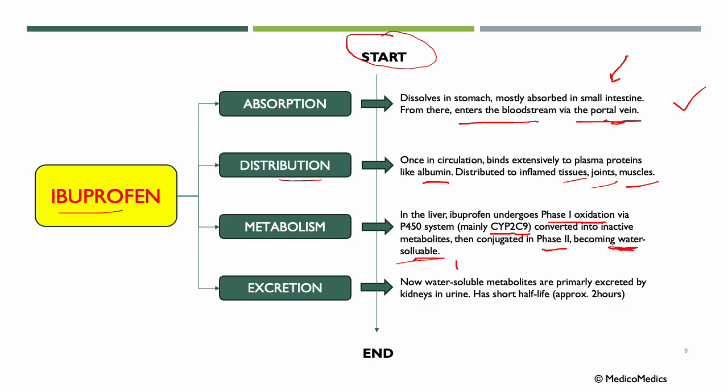And so now the water-soluble metabolites are primarily excreted by the kidneys in urine. Now, because ibuprofen has a relatively short half-life, approximately 2 hours, it needs to be taken multiple times a day to maintain its effect.